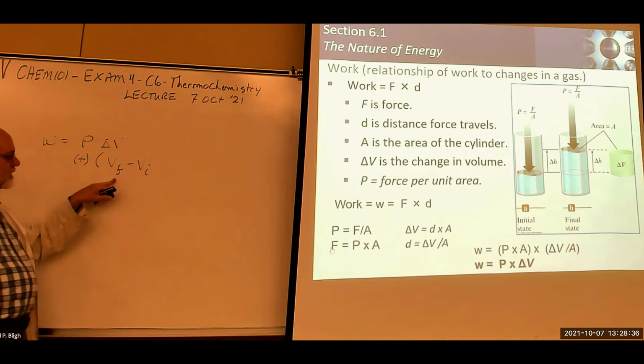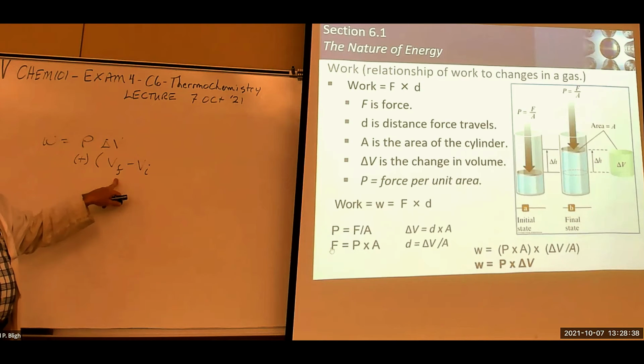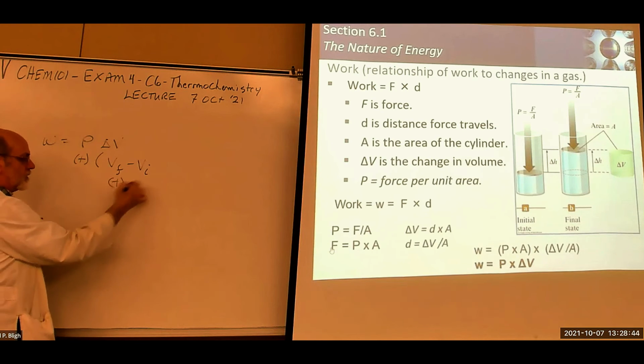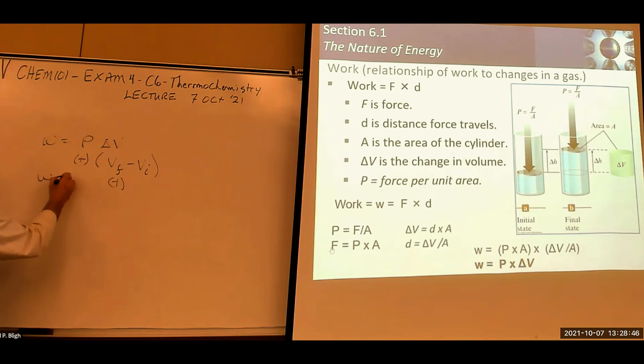So what's the sign? Which one's bigger? The final volume is bigger than the initial volume. So this one is also positive. So we got work is a positive value. But what do we say about everything is reference to the system? If the system's doing work on its surroundings, it has to be a negative value. So we have to fudge.